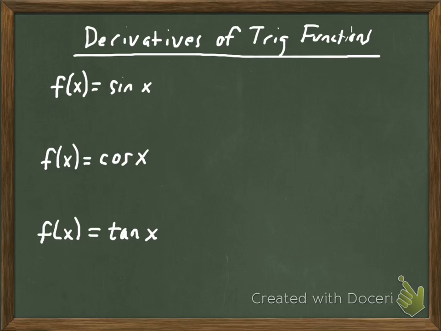First of all, if f of x is equal to the sine of x, that would imply that f prime of x would be equal to the cosine of x. The derivative of sine x is always going to be equal to cosine x. The derivative of cosine x is almost what you would think it is based on that first rule.